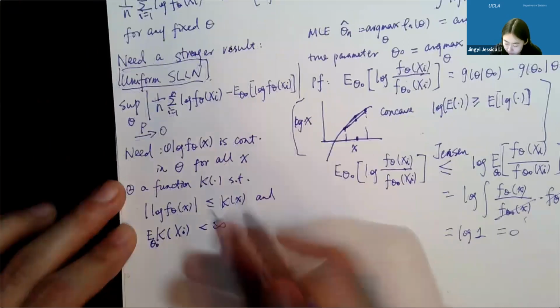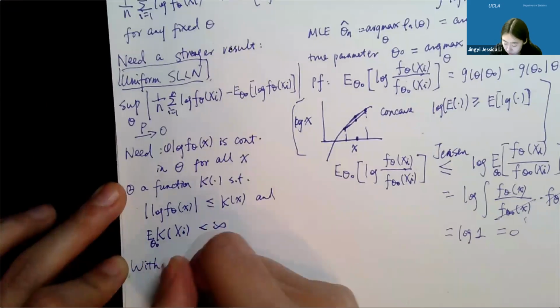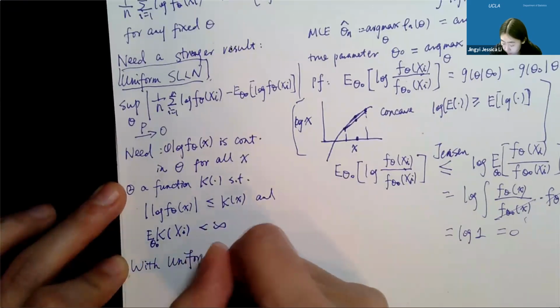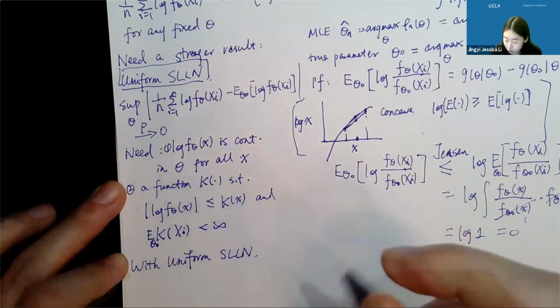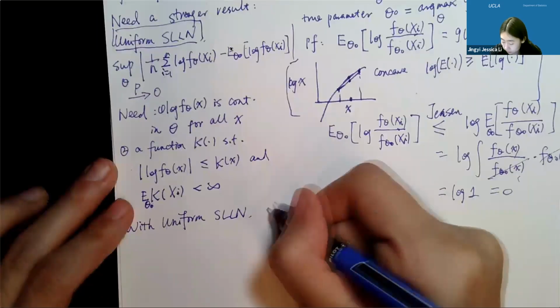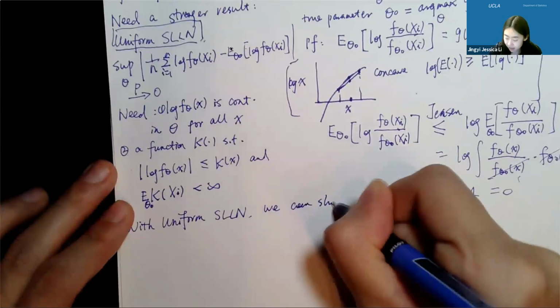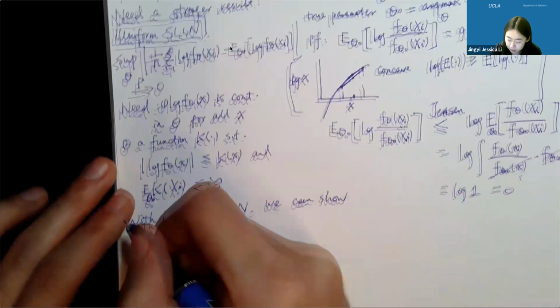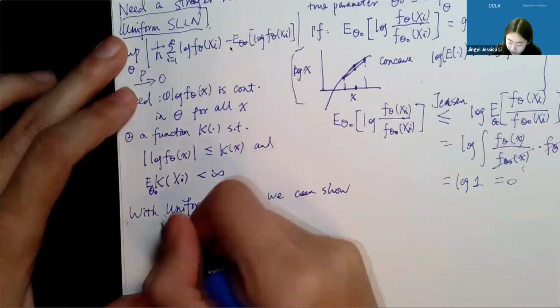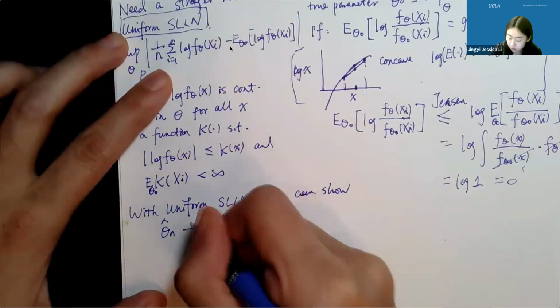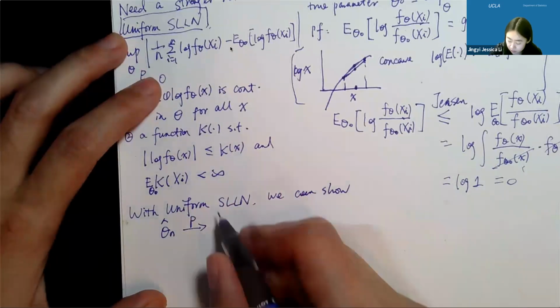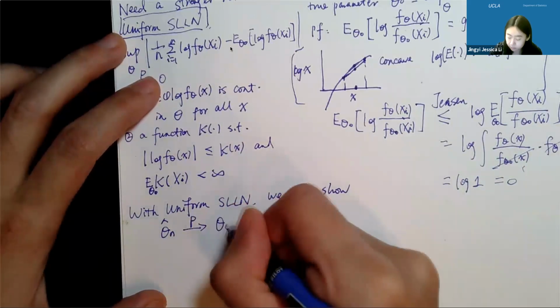So with the uniform SLLN, we can show that the maximizer theta n hat converges in probability to the maximizer of the limit, theta 0.